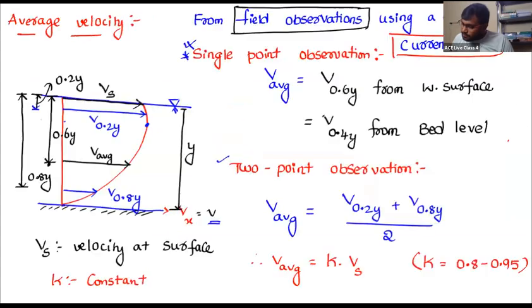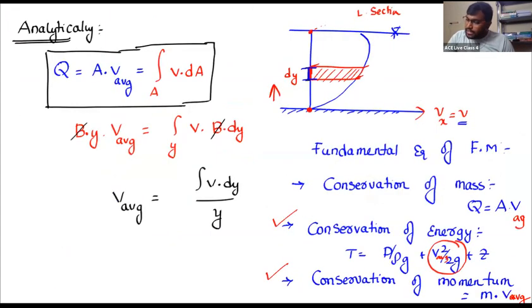If you observe, my dear students, let's say this is the velocity distribution, please listen. What is the meaning of this? This is a uniform velocity distribution, which means at any point the velocity is the same as the average velocity.